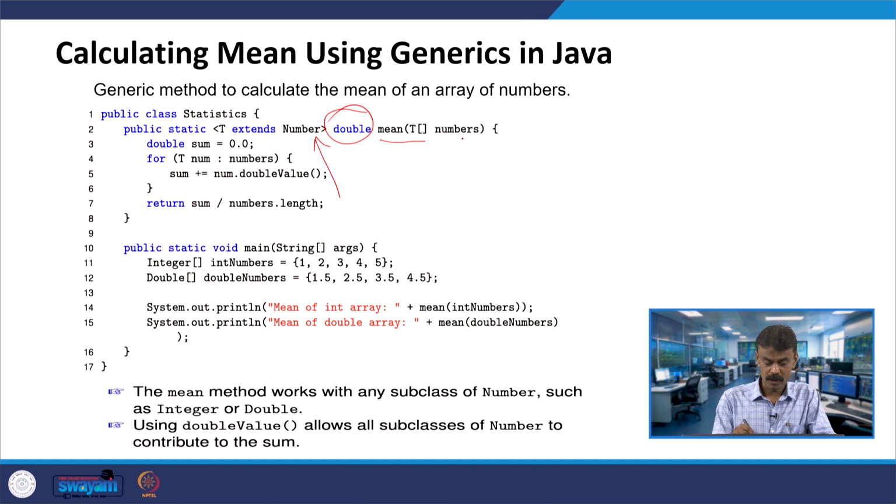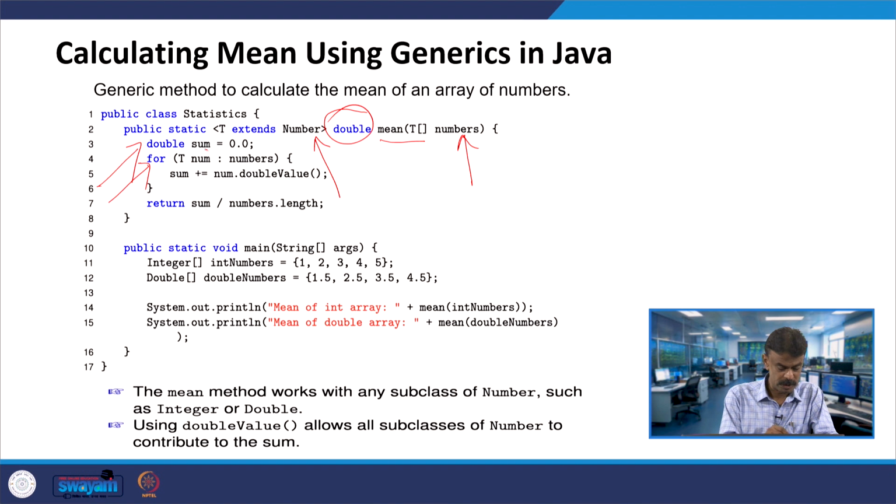You have an array of numbers whose data type is T, the generic T, and what you are doing is double sum equal to 0, and for each T num in numbers, both are pointing to the same location, and the sum is equal to sum plus num.